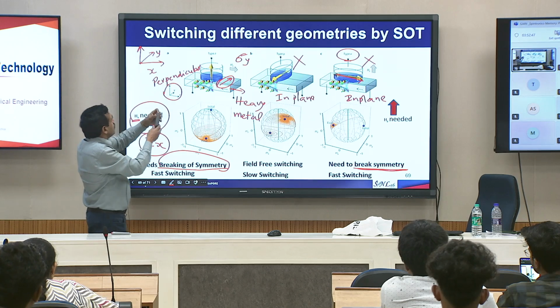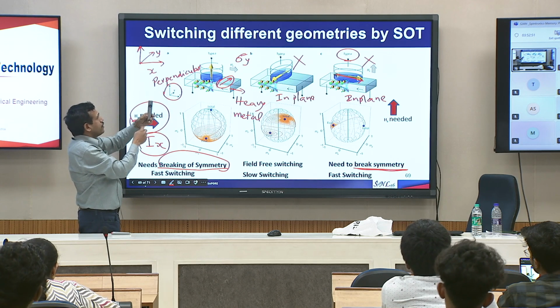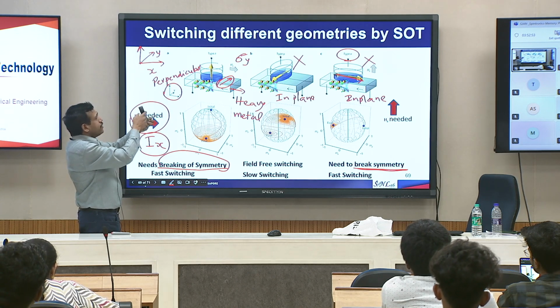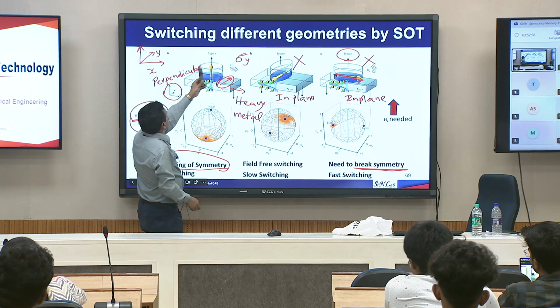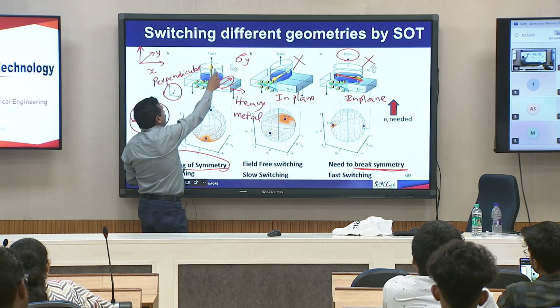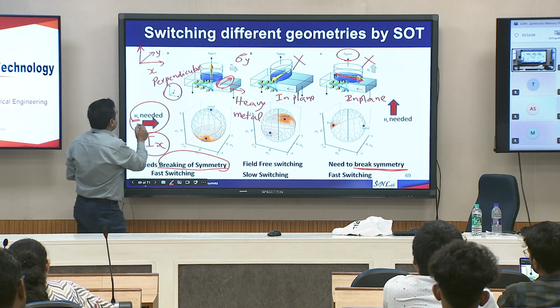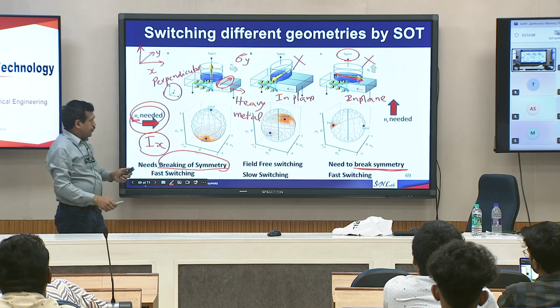Again these spins can act on this magnetization and make it perpendicular. These two are almost the same energy, so they will just go up and down. You cannot keep the spin in one particular direction. So, to break the symmetry, we usually use a magnetic field in the x direction.